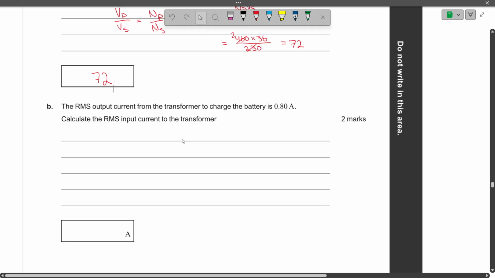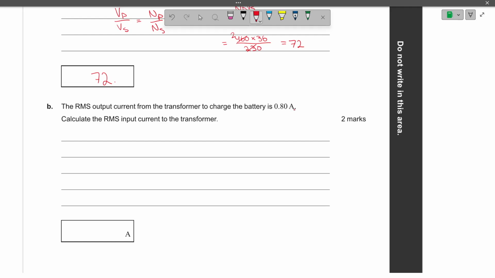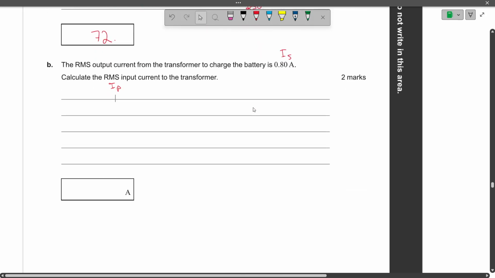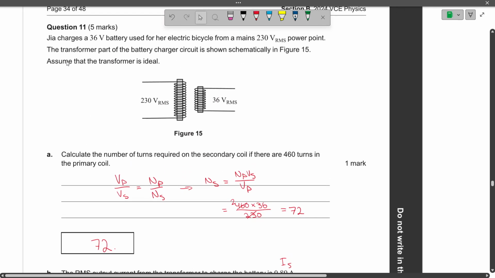So you've been given IS and you want IP. From previous questions and data, you've got VP, VS, NP, and we've worked out NS. So you could use any of the transformer equation variations, but I think the easiest thing is to just notice that it's an ideal transformer, so you're not losing any power.